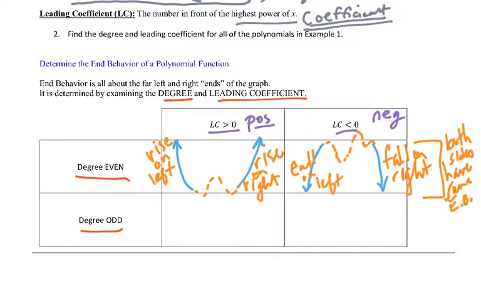Okay, with our odds, again, we're going to have a similar shape, like a cubic function. We saw that when we looked at parent functions at the beginning of the semester. If we have an odd degreed polynomial, it's going to look like a cubic function, and if it has a positive leading coefficient, it's going to look like this. Let me start with blue.